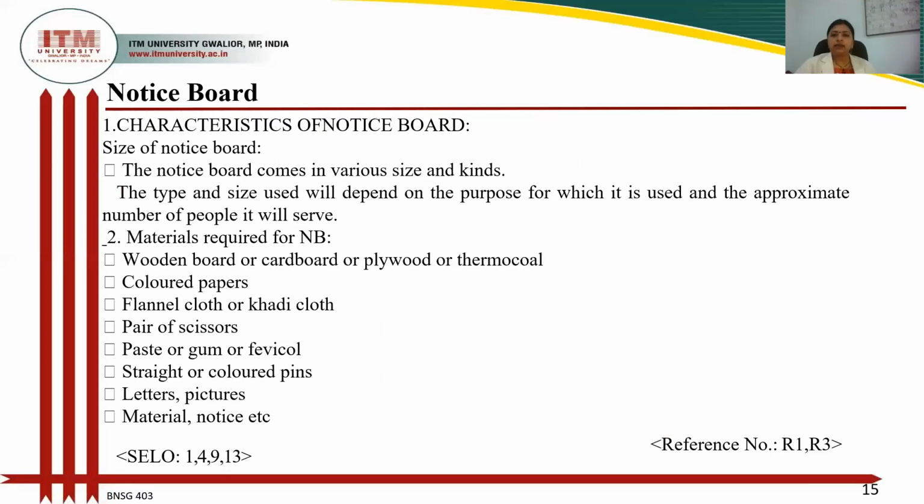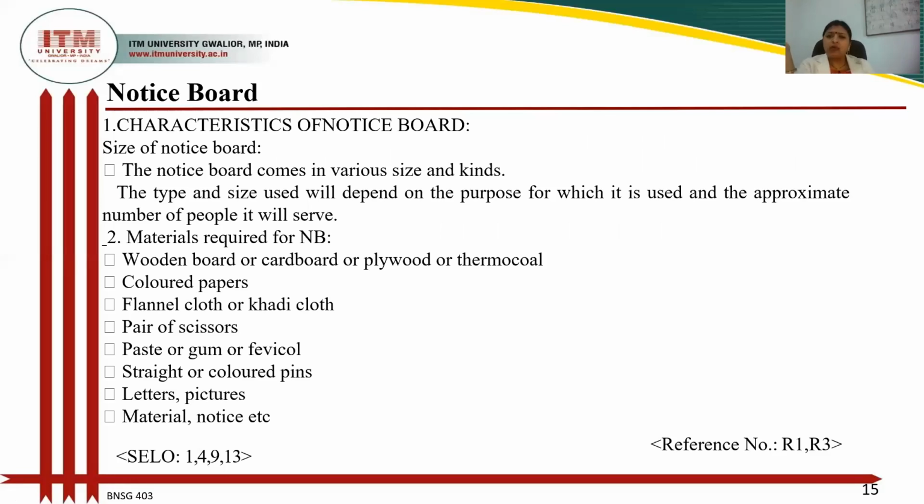The next type of AV aid is our notice board. What is a notice board and how do we use it? We are all familiar with notice boards. As the name indicates, a notice board is where we fix notices, through which students or learners can see the message being given by the authorities.